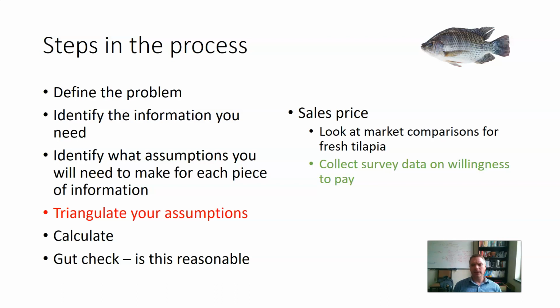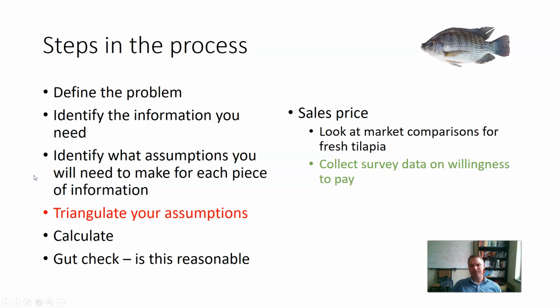But maybe to triangulate these numbers, I say, well, in my community, I'm going to be offering fresh tilapia. What are people willing to pay in Oxford, Ohio? And maybe just because they're paying this price in New York City doesn't mean that they'll be willing to pay it right here. So maybe I should do some survey data to make sure this estimate is reasonable.